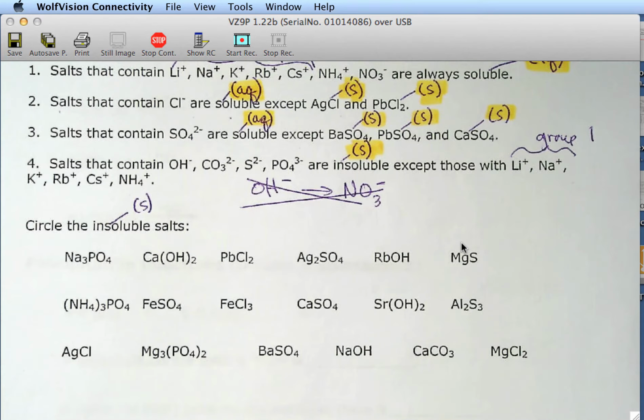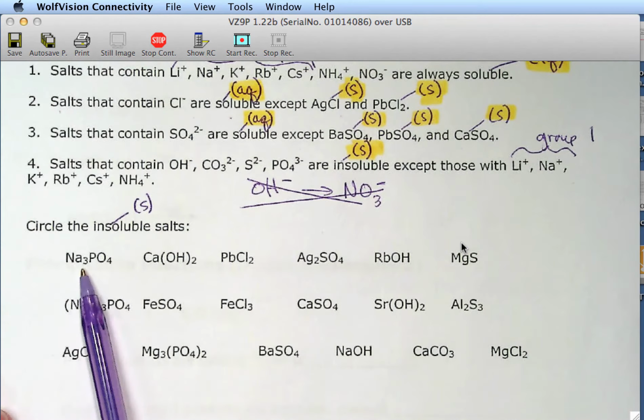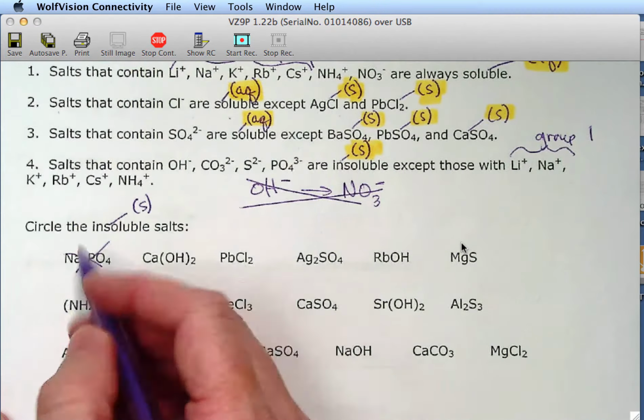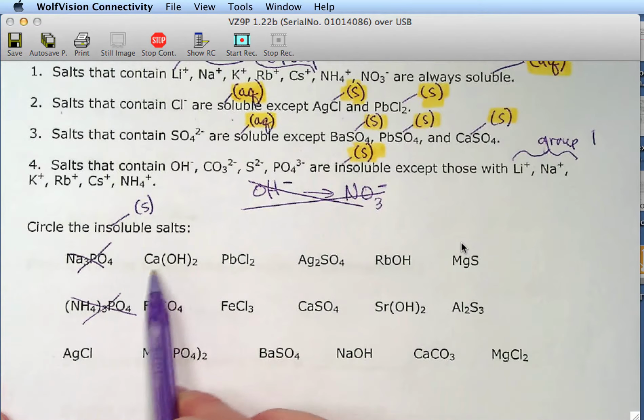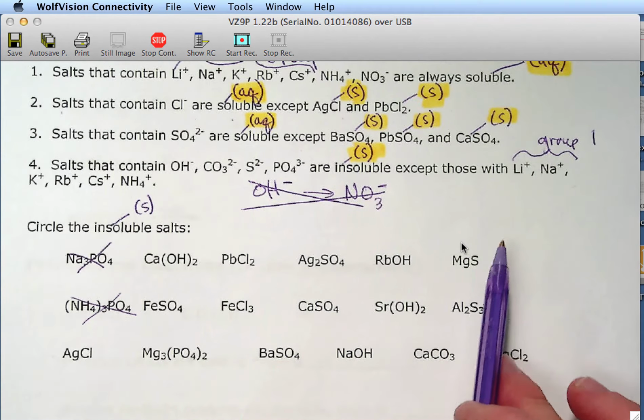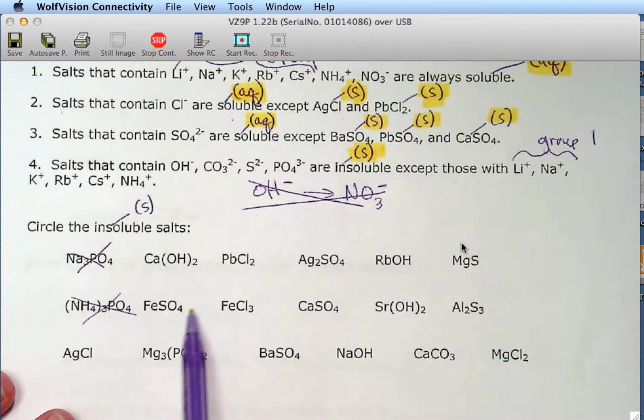Group 1 or there are 2 other ones, ammonium or nitrate. Excellent. So if you see any of those listed, not a possibility. So like this first one, well, that's group 1. Can't be. Cross it out. Ammonium, there's ammonium. Okay, if it's not group 1 or ammonium, I'm going to skip over. I'm not going to do anything with it right now. I'll come back to it.